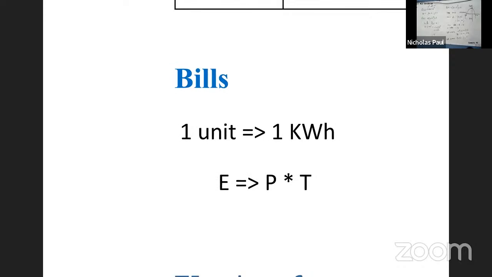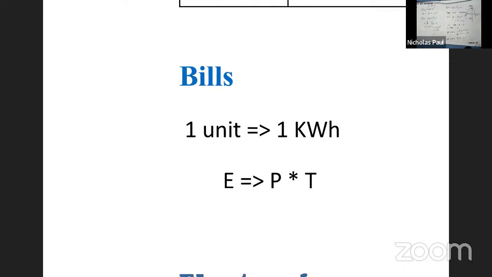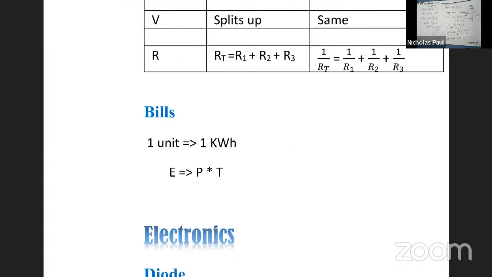So you're working in kilowatts and you're working in hours. Make a note of that, right? You're not dividing, you're multiplying kilowatts by hours used. I just remind you how to get energy: power times time. Your power has to be in kilowatts and your time has to be in hours.